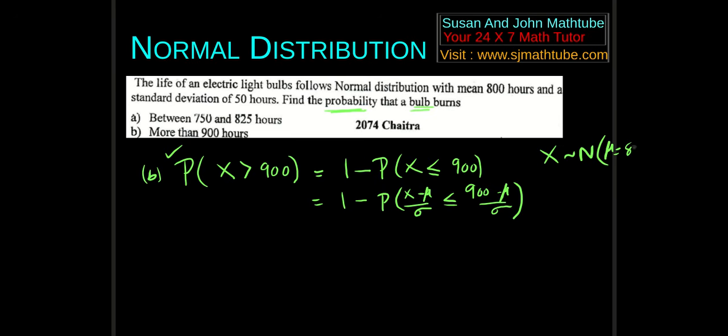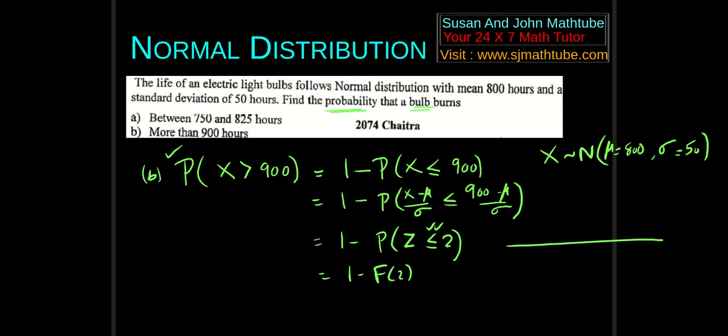Mu is 800 and sigma is 50, and when we plug in all these values we get 1 minus the probability of Z less than or equal to 2, because 900 minus 800 is 100, 100 by 50 is 2, and this is 1 minus capital F of 2, because this implies the area from minus infinity to 2.